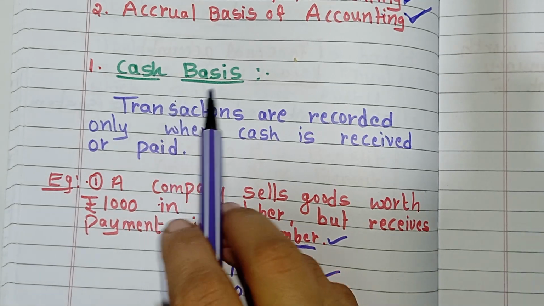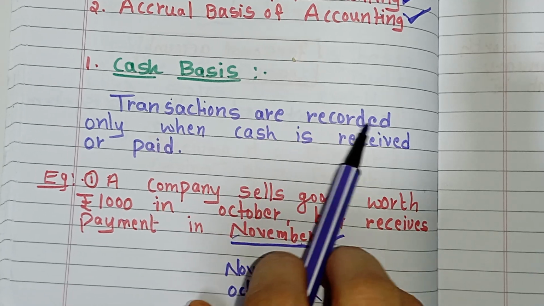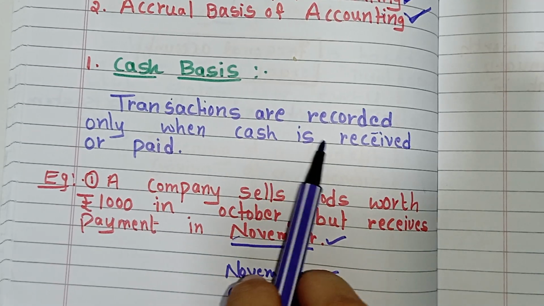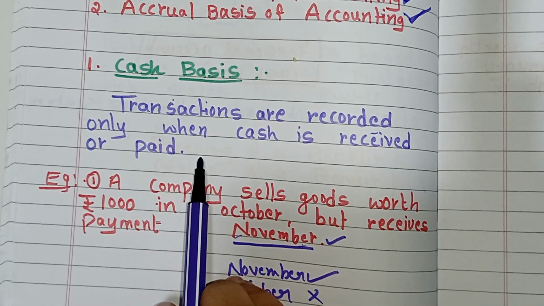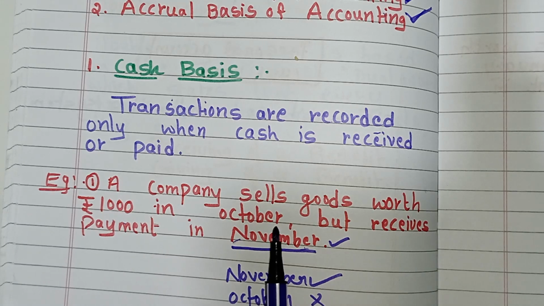See, according to cash basis, the transactions are recorded only when cash is received or paid. Here, in this example, we have received the cash in November. Fine.